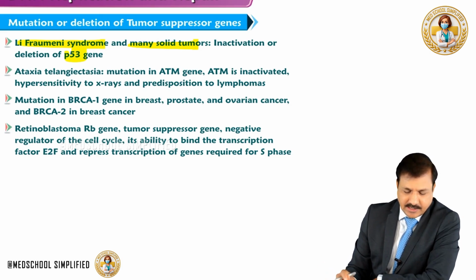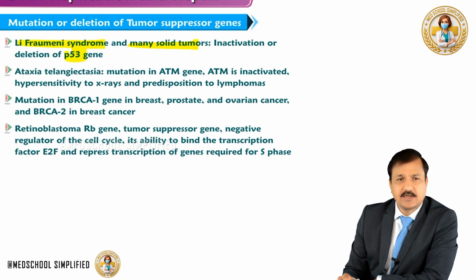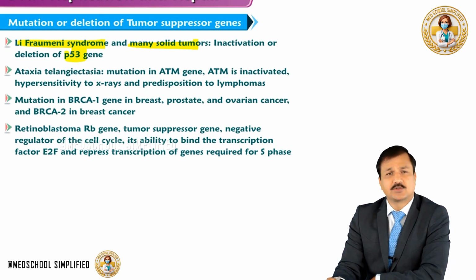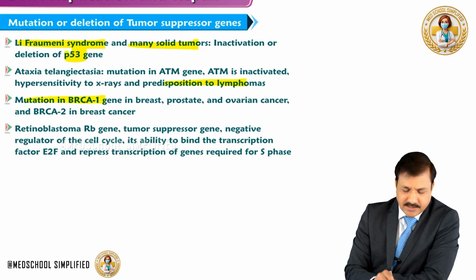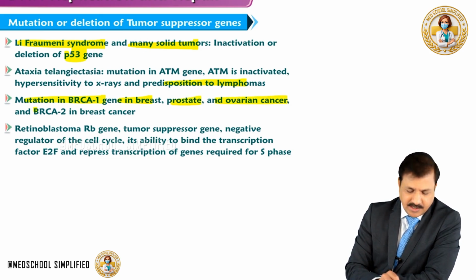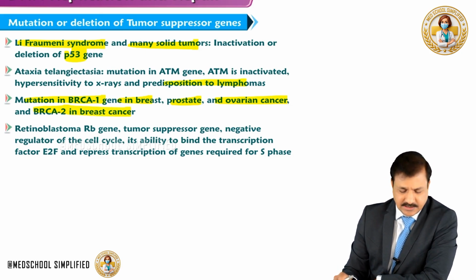Coming to ataxia telangiectasia, here a mutation in the ATM gene leads to inactivation of ATM, and that leads to hypersensitivity to X-rays and predisposition to lymphomas. And also mutation in the BRCA gene is seen in breast cancer, prostate and ovarian cancer, and mutation in BRCA2 is noted in breast cancer.